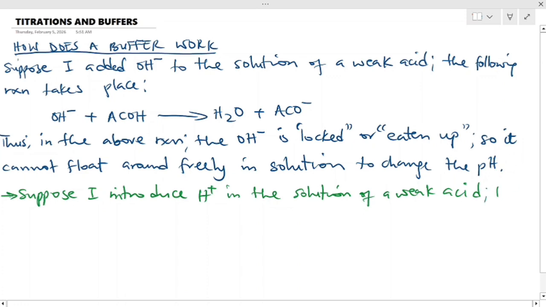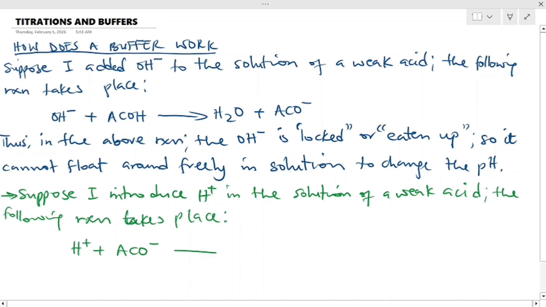The following reaction takes place. So your H plus is now introduced to the acetate that is in solution, and that forms what? Back your weak acetic acid.